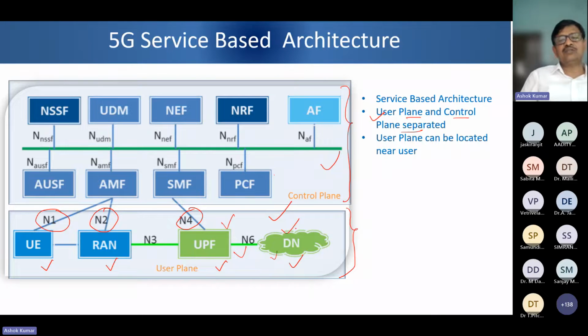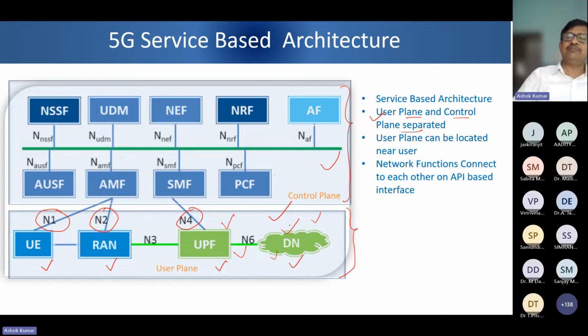So now a lot of data centers will come up in tier 2 and tier 3 cities where user plane functions along with some services can be hosted. That's the beauty of separating the user plane and control plane.